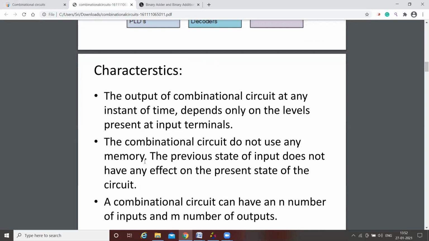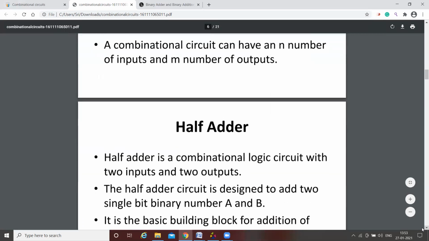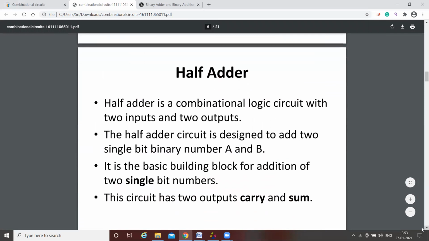The previous state of input does not have any effect on the present state of the circuit. A combinational circuit can have n inputs and m outputs.